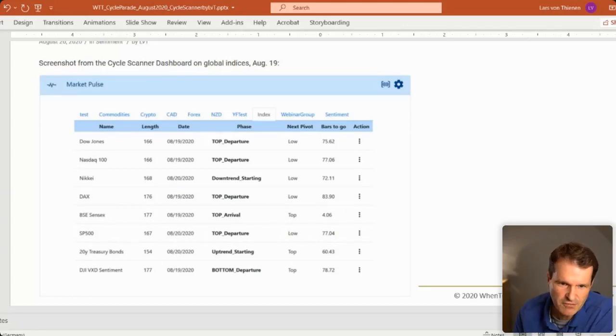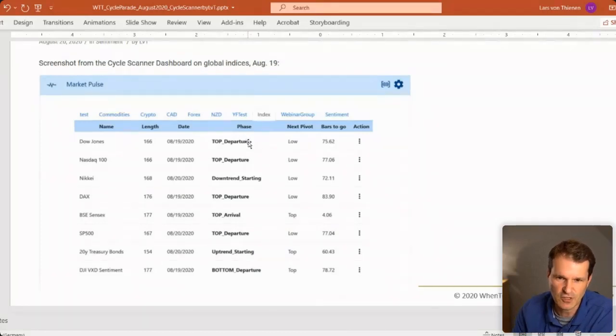Here you see different main indices, all around the same length: 166, 66, 68, 76, so all the cycles I said, around 170. That's why I said I was observing this cycle since February, but now the phase has come into alignment for all these markets.